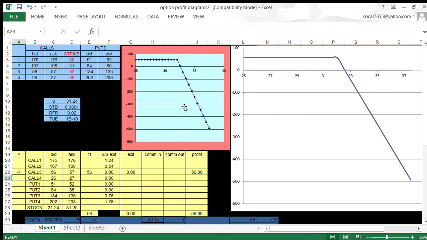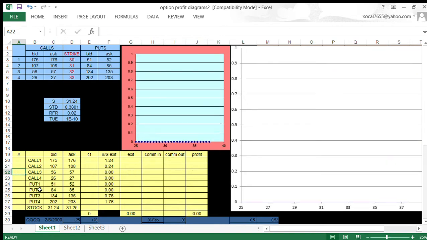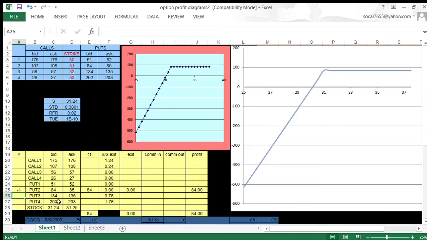I can also write a put, and let's see how that might work. If I wrote put 2, okay, so let's assume I expect the stock price to be at 31.24, and I write put 2, that's got a strike price of 31. When I write it, I receive $84. And if stock price is at 31.24 at option expiration, then I'm going to do just fine.